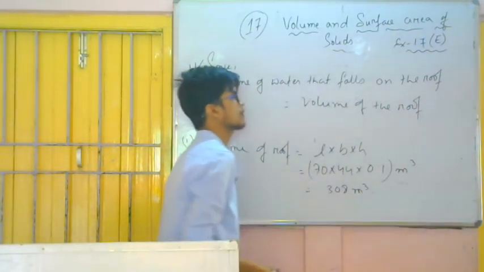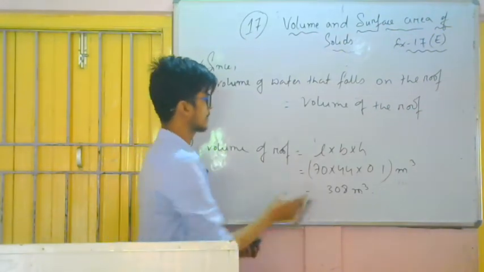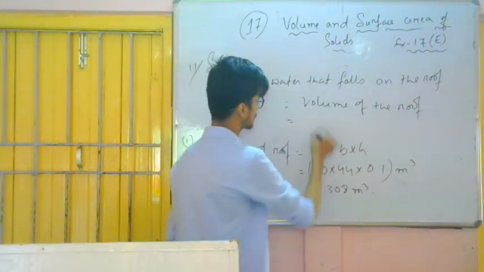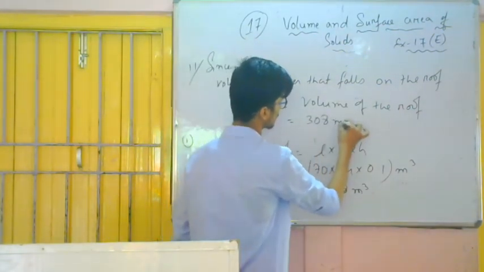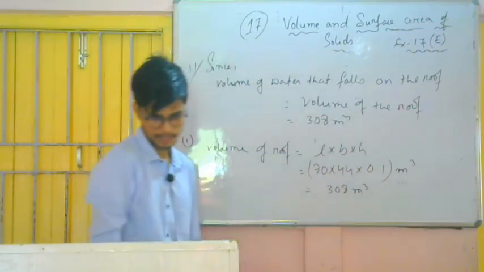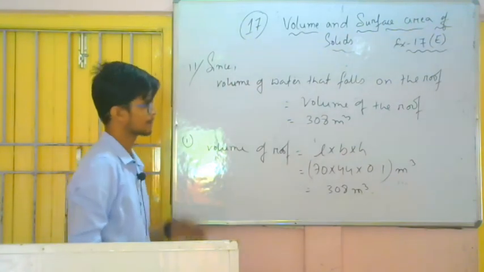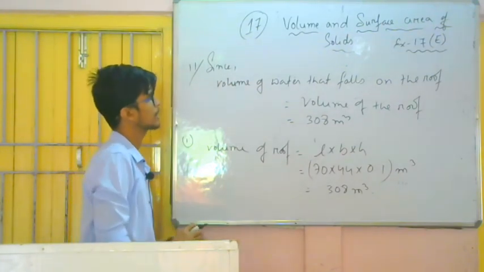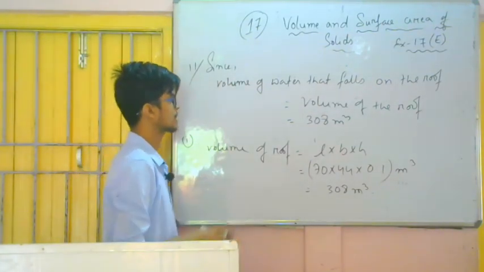The water that will fall and the volume of the roof, both of them will be same. So it will be 308 meter cube. So answer is 308 meter cube, which will be equal to the volume of the roof.